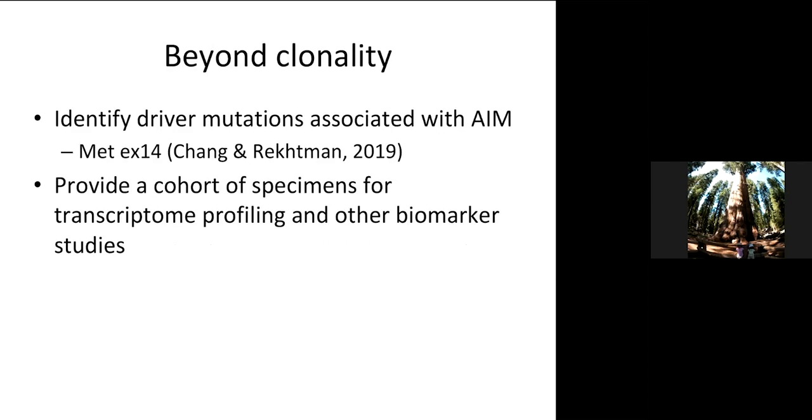Marcio alluded to how the secondary objectives include identifying driver mutations that might be associated specifically with aerogenous spread.